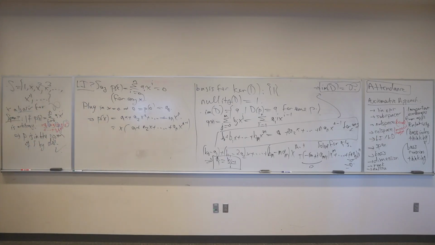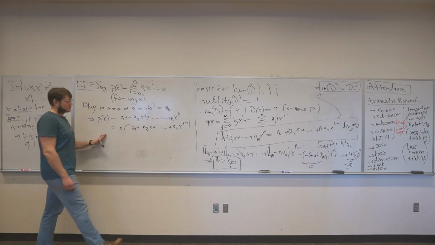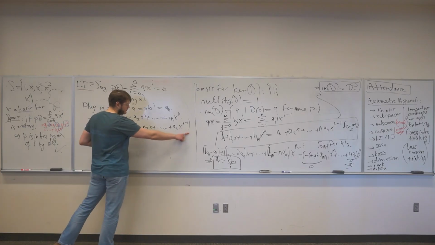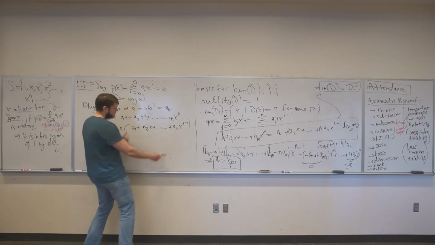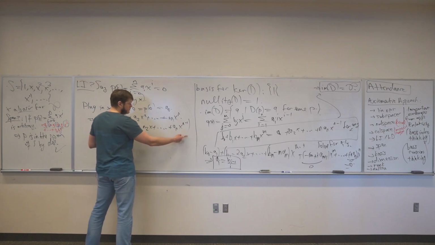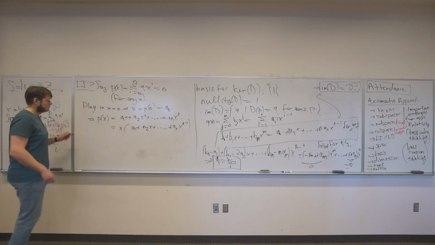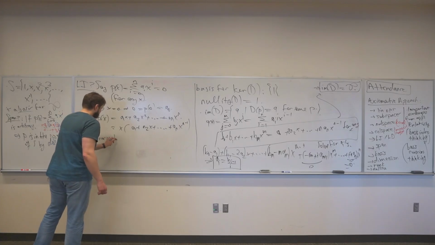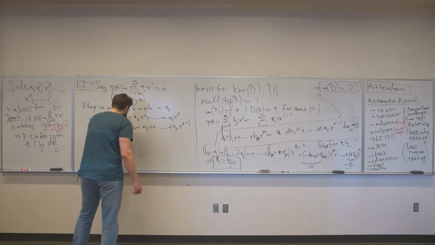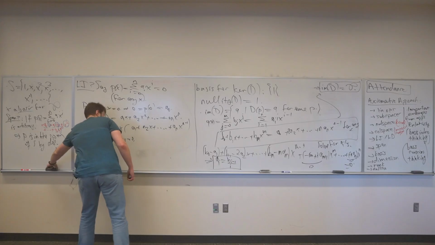But we're assuming that for any x this is 0. That means for any x, this factor is 0. Then you keep going like this, recursively: a1 is 0, then a2 is 0, and so on.